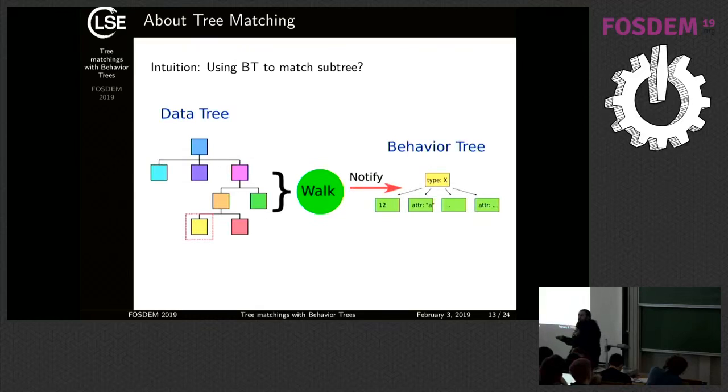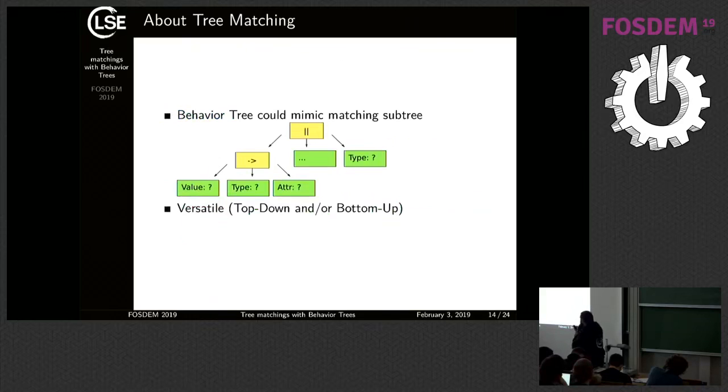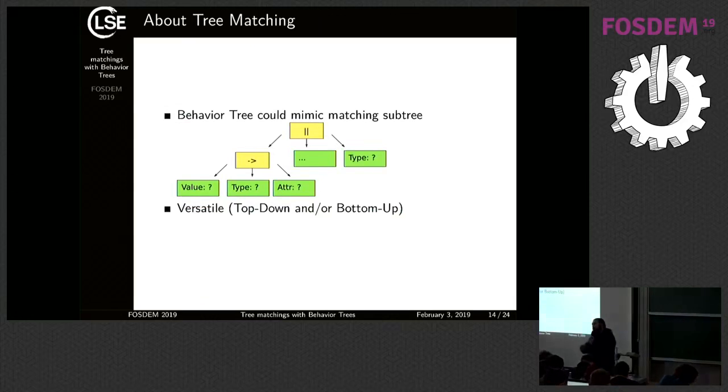behavioral tree. And the other good part is that a behavioral tree is a good representation and mimics a pattern. For example, I will describe a pattern of a tree for my tree matching module, and this pattern is easily transformed into a behavioral tree using the concurrent abstraction.